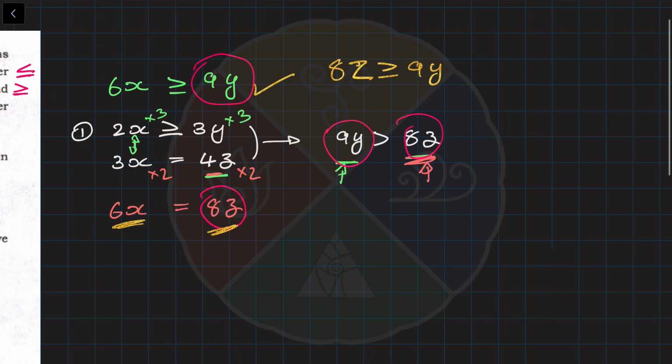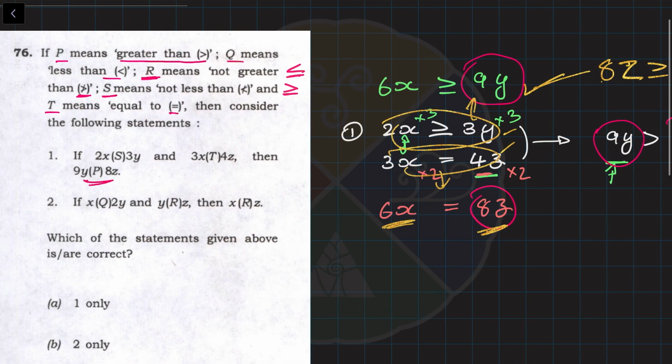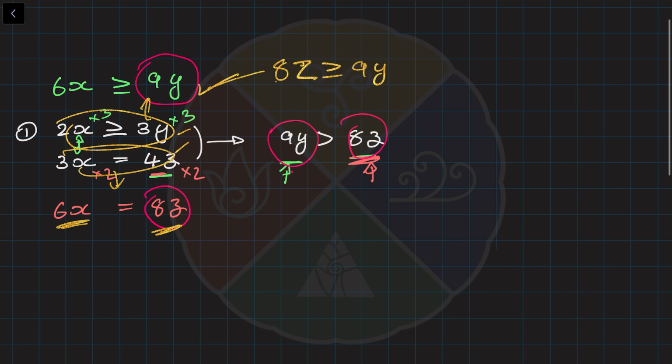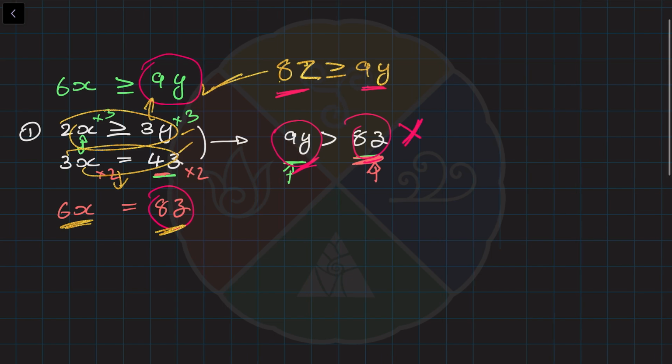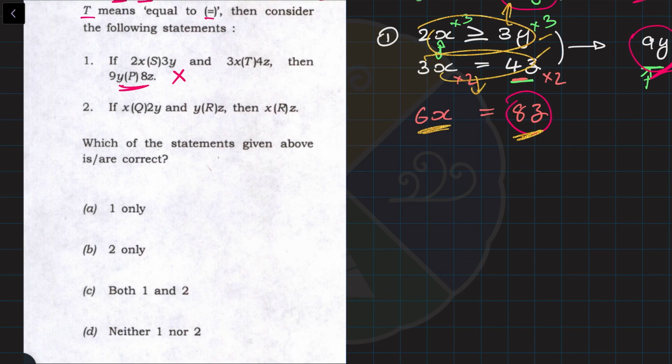From these two statements, I came to this: 8z is greater than or equal to 9y. And what is the statement saying? The statement says that 9y is greater than 8z. No. 9y is actually less, 8z is greater. Worst case scenario, they will be equal. But anyway, this is not going to happen. So this is wrong.